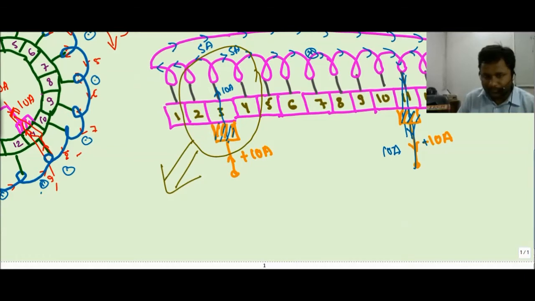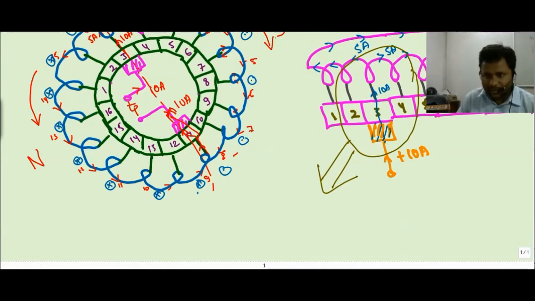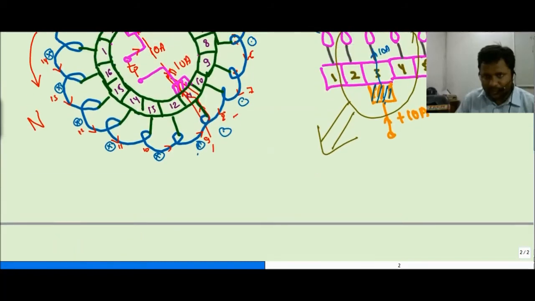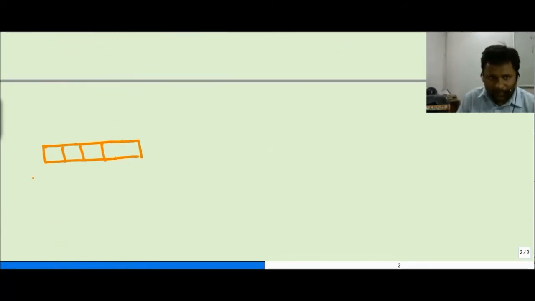Suppose I am taking this. Suppose this is the conductor 1, 2, 3, 4, and a coil is placed in this fashion, and the brush is like this.